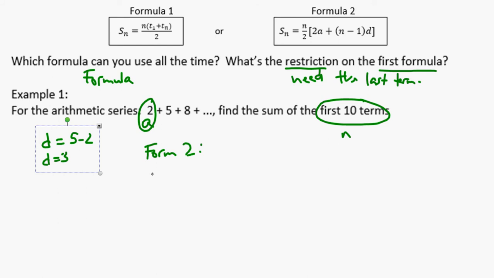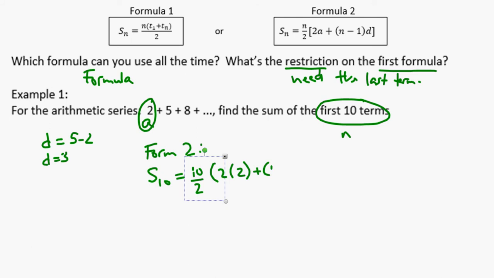Formula 2, instead of Sn, I'm going to have S10 is equal to 10 over 2, bracket, 2 times 2, plus 10 minus 1 times 3. Here we go, so I'm going to have 5 bracket, 4 plus 9 times 3.